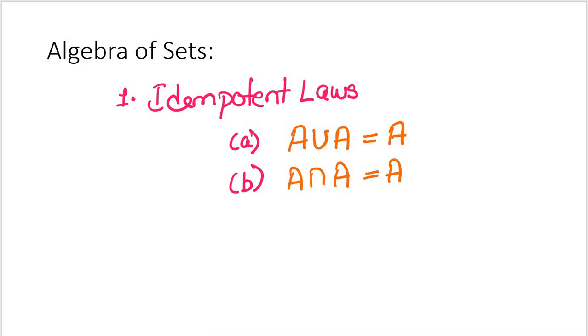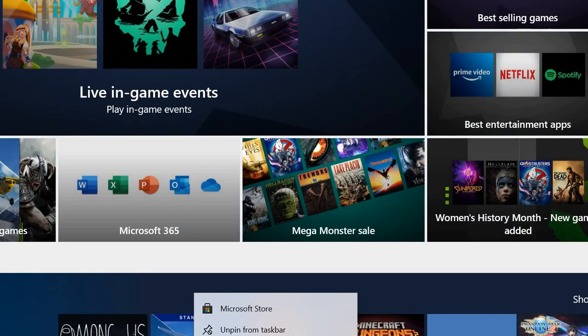Because see, already I have some elements in A and I need to find the common elements among A intersection A, so obviously I'll get the entire A. So that's pretty simple. Now, next one is your associative laws.